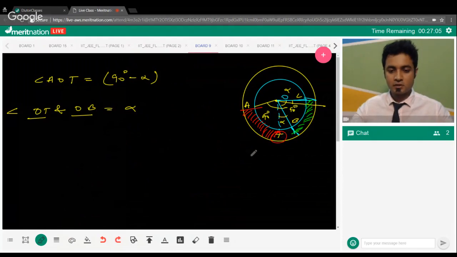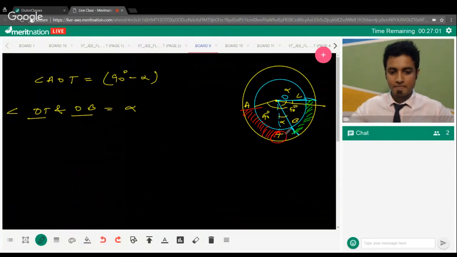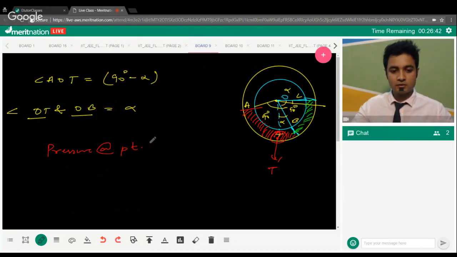This liquid is till this point, the red one is till this point. So here at point T, I need to calculate the pressure at point P.